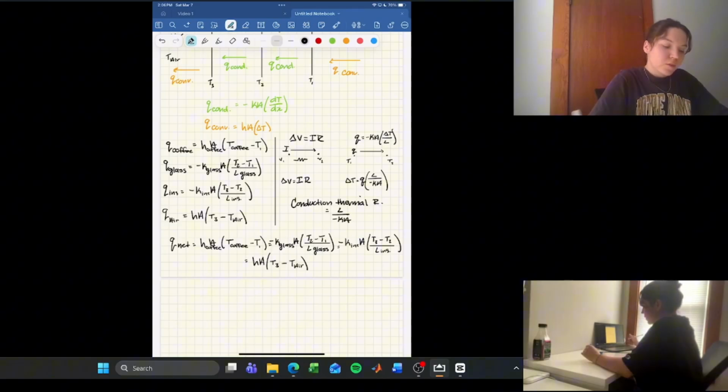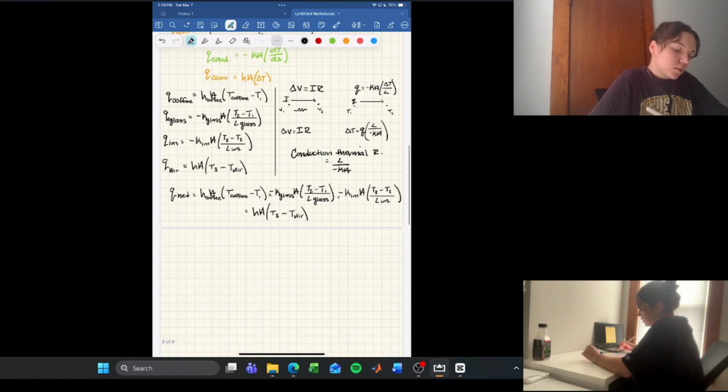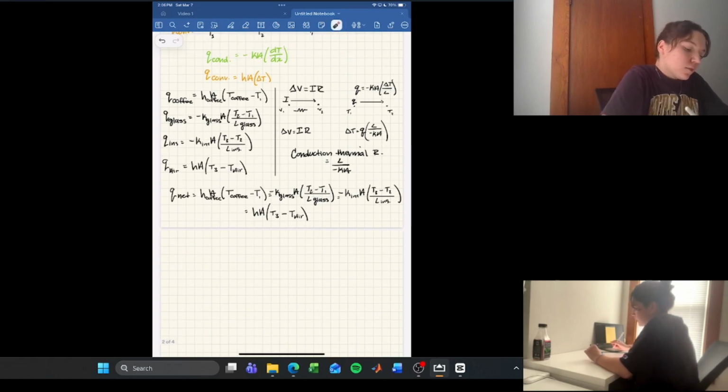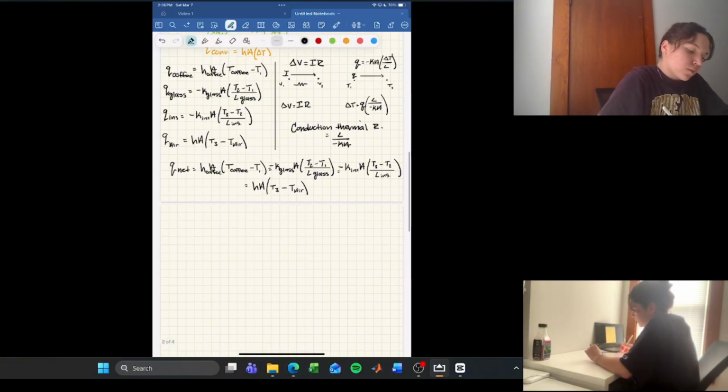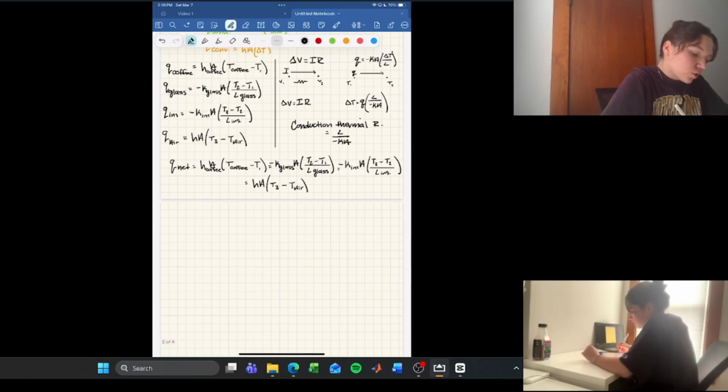Like that. And then now that we have this analogy that delta V is similar to delta T and I is similar to Q, we can find the thermal resistance by convection as well.